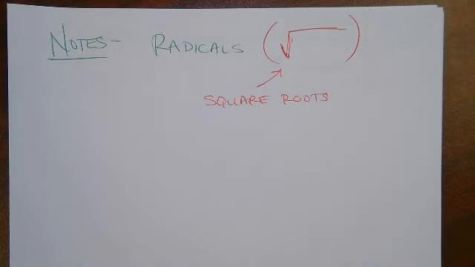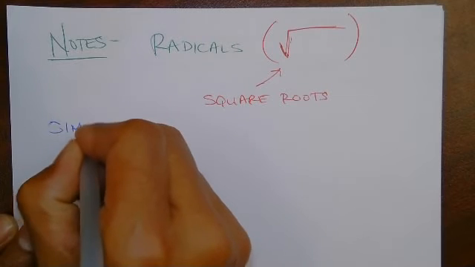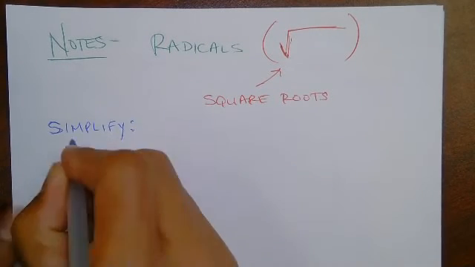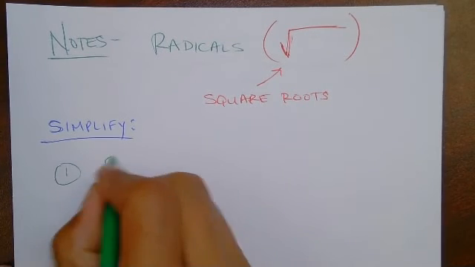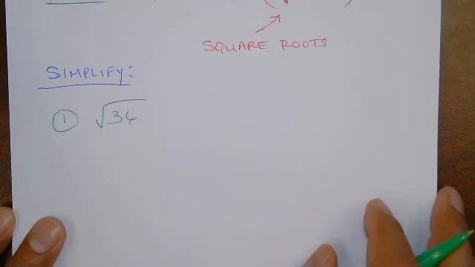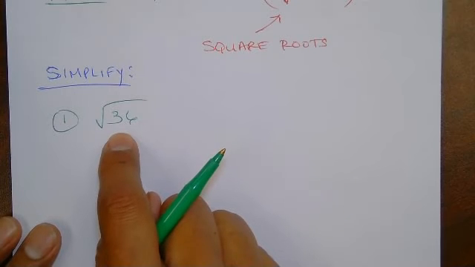Okay, so let's start with the easy stuff that you already know. If you have to simplify, because that's what it's going to say, number 1, what if I tell you the square root of 36? You always want to see if we can get a perfect square number. 36 is what?